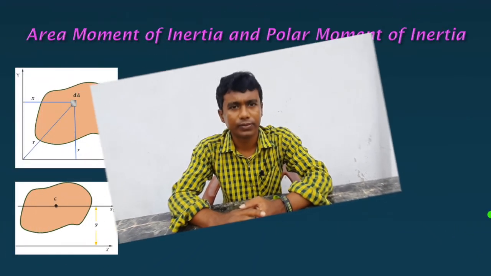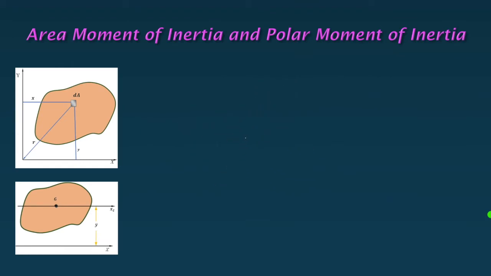So in this lecture we'll try to find out the area moment of inertia of some common geometric figures and some combinations of figures. I'm starting with area moment of inertia. Let's consider a geometry of area.